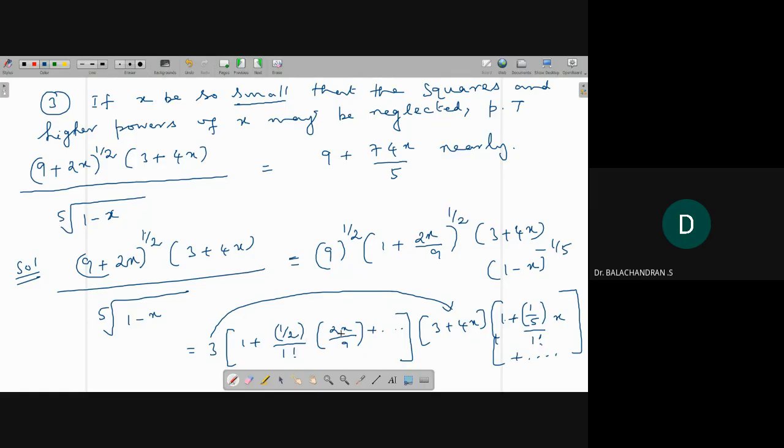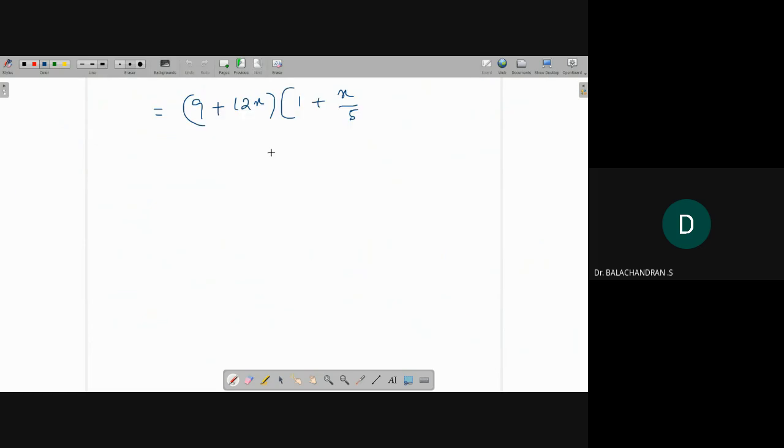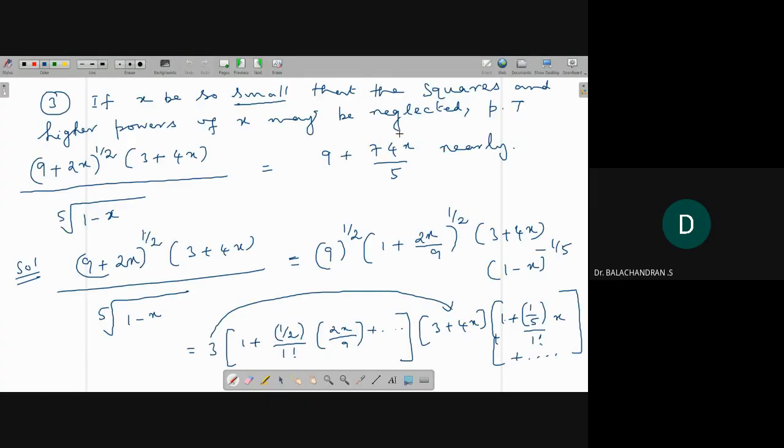Remaining are x square terms of order 45, and I don't need higher powers of x because the final answer contains only x. Okay, thank you, Purnasandra.